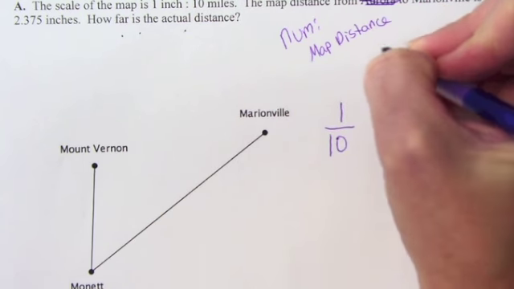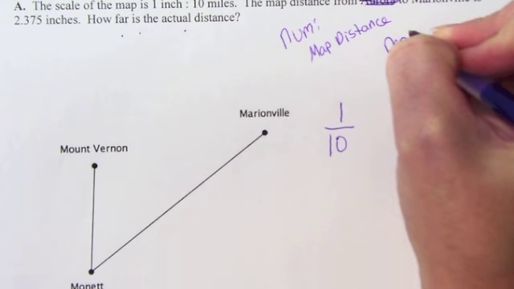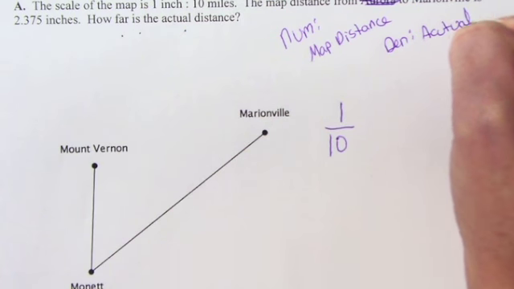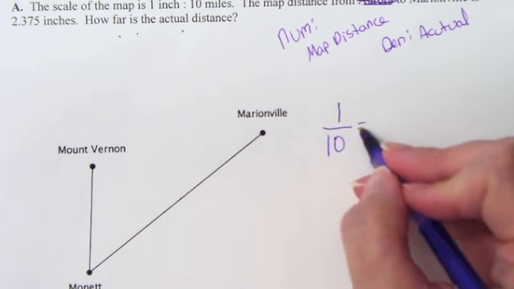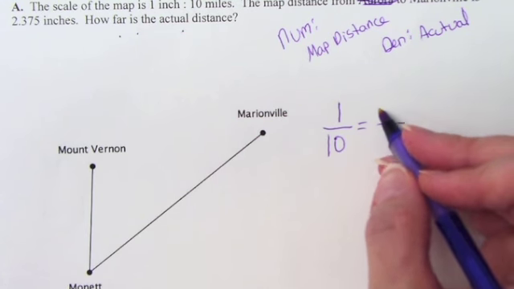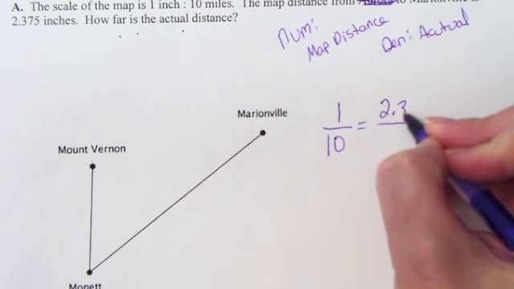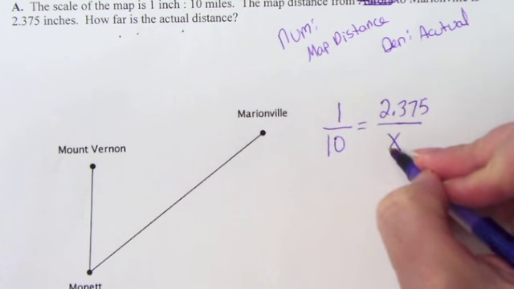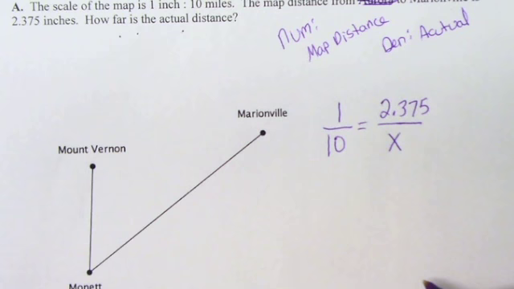And the denominator is your actual distance, all right? So on the other fraction, our numerator needs to be our map distance. Well, they told us our map distance is 2.375 over the actual distance. That's what we want to know. We want to know the distance from Monette to Marionville.